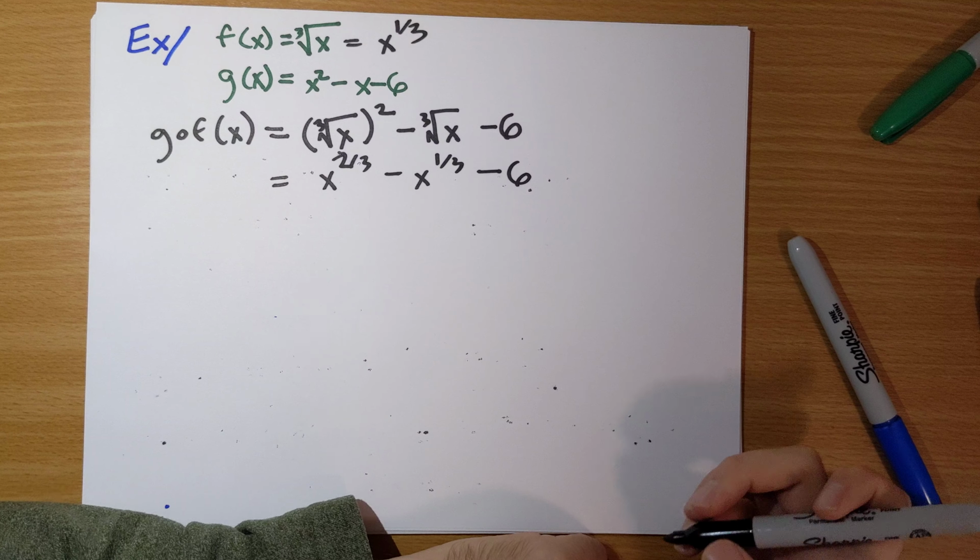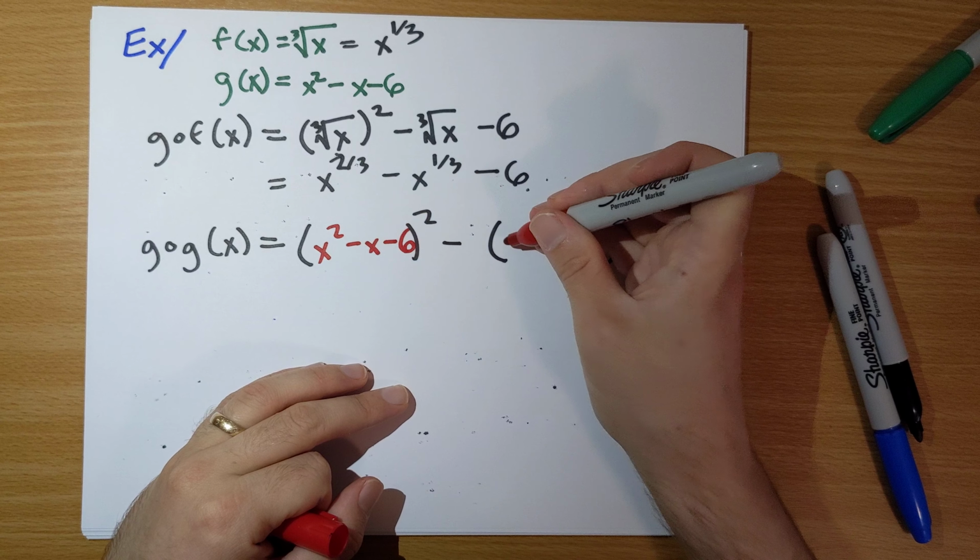And then for g composed with g, here's the other thing I want to ask you about. This is simply doing the composition of two polynomials. We have g of x is x squared minus x minus 6, and everywhere we have an x, we replace that x with x squared minus x minus 6.